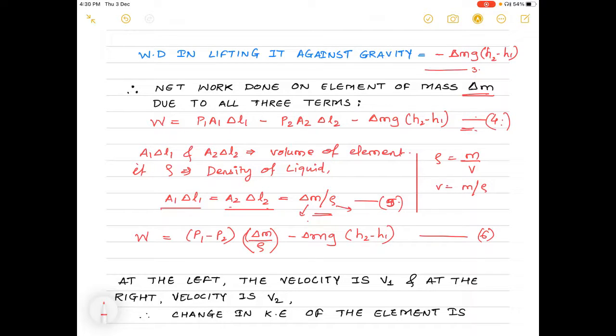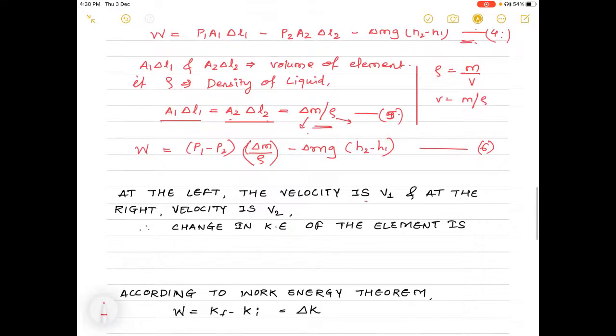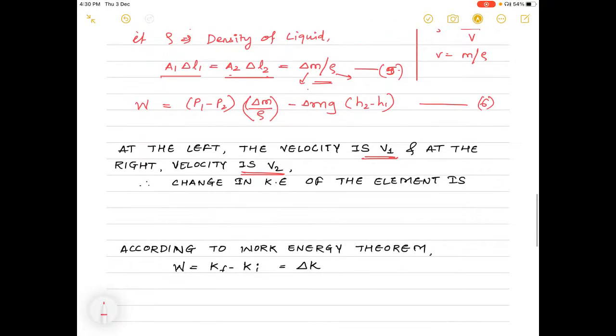Now on the left hand side we consider that the velocity of the liquid is v1, and on the right the velocity of the liquid element is v2. Since the velocity of the liquid particles is changing, the kinetic energy of the liquid element will also change.